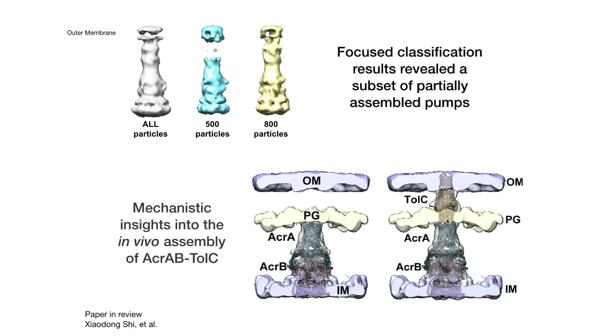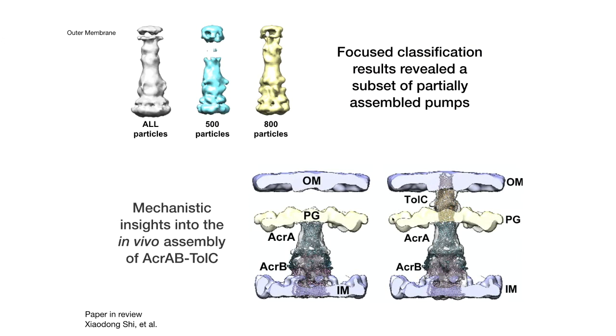So we can actually see in the context of the cell what's really going on, and we can see that sometimes this top component, the TolC component, must be the last one to assemble in place, and it may be that that's related to activation of the channel. This is an active channel, so you don't want it operating in situations where a drug doesn't need to be pumped out of the cell. Anyway, so we solved this. This is at relatively low resolution, but it was enough to answer an interesting biological question.